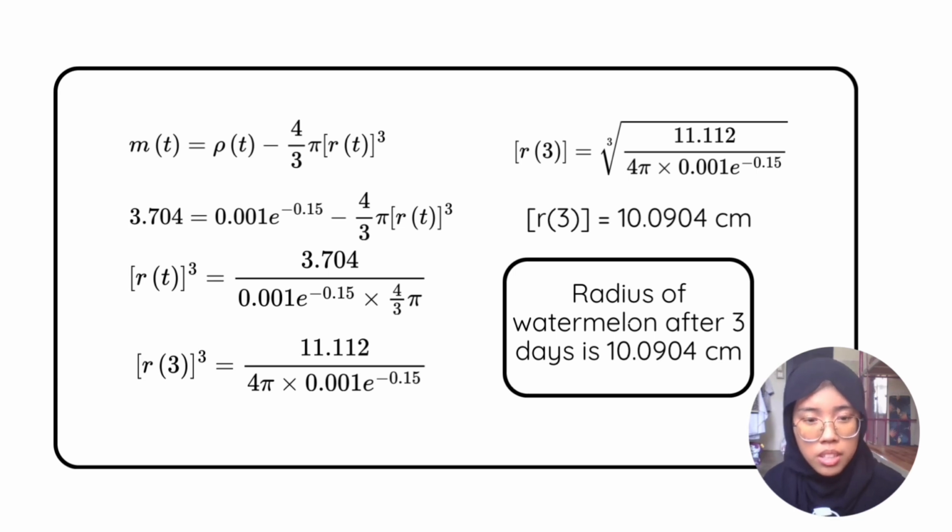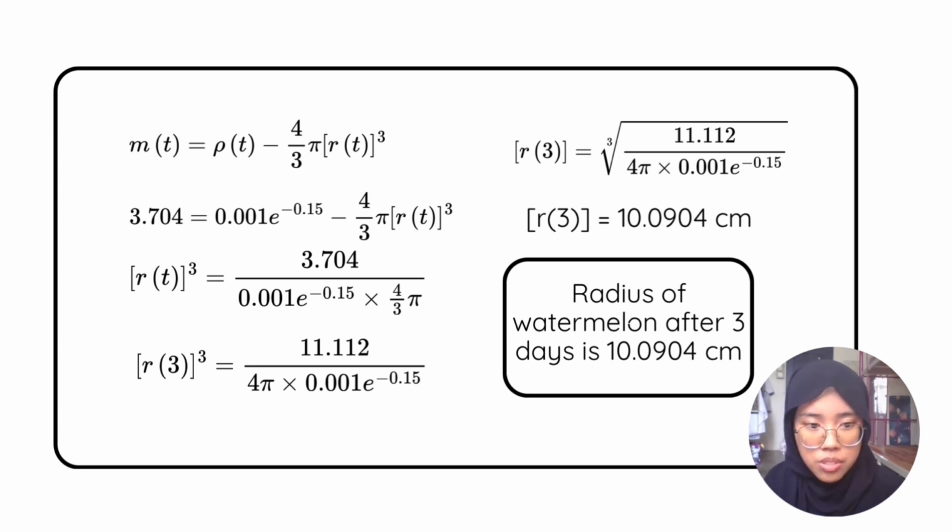So now the formula is 3.704 = 0.001e^(-0.15) × 4/3 π r(t)^3. Since t is now equal to 3 days, r(3)^3 equals 3.704 over 0.001e^(-0.15) times 4/3 π.